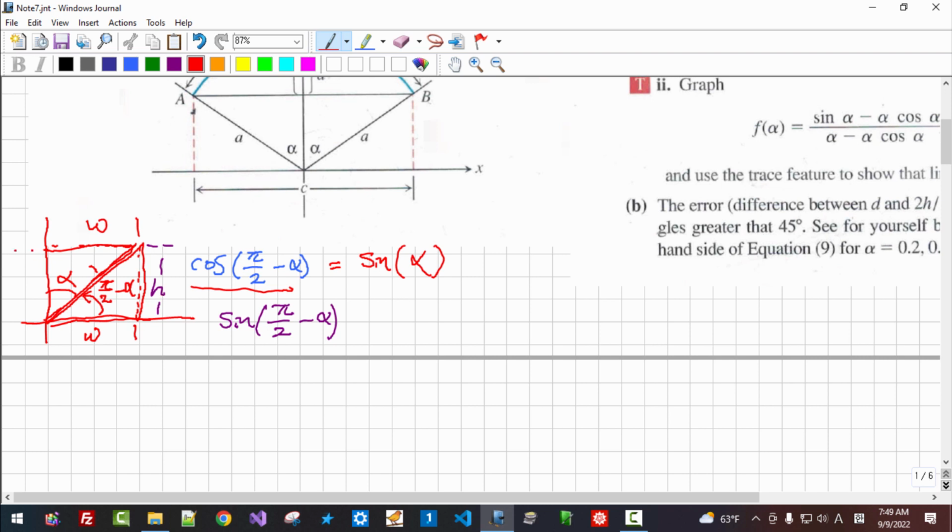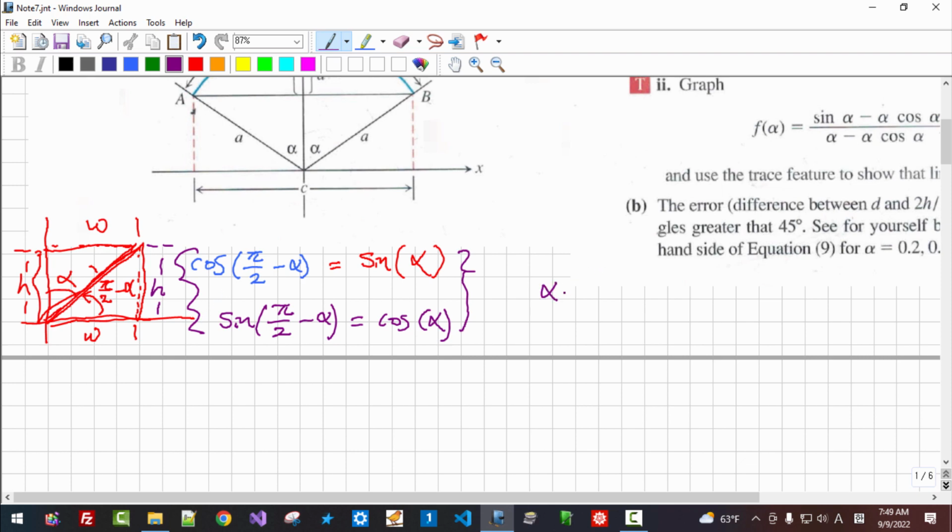This h can be computed. Cosine alpha equals cosine alpha. We have to memorize these identities.